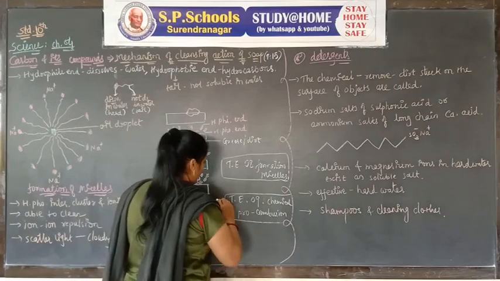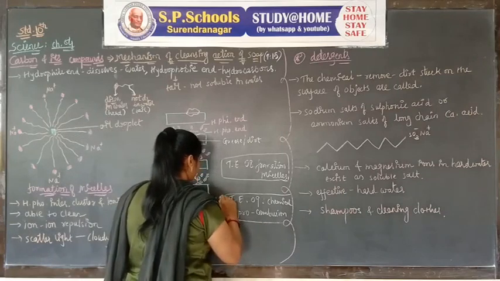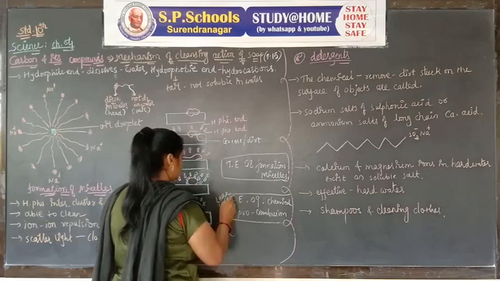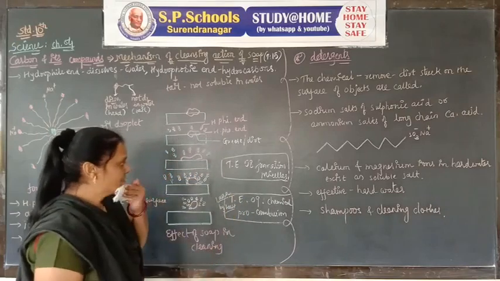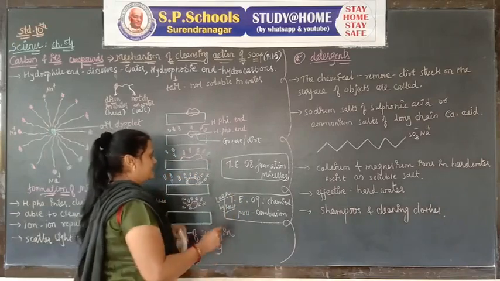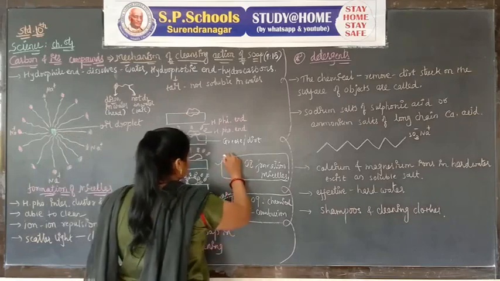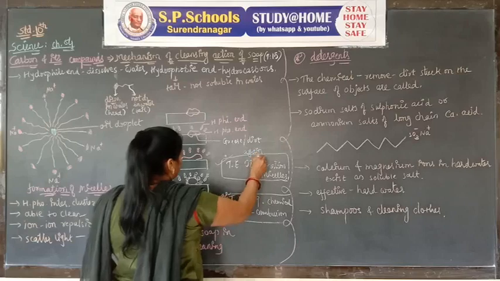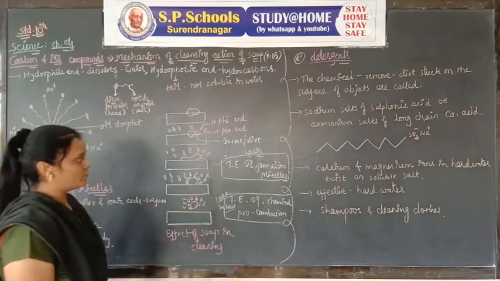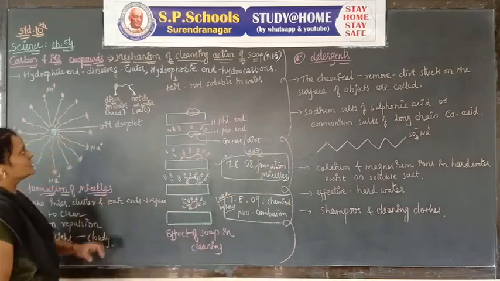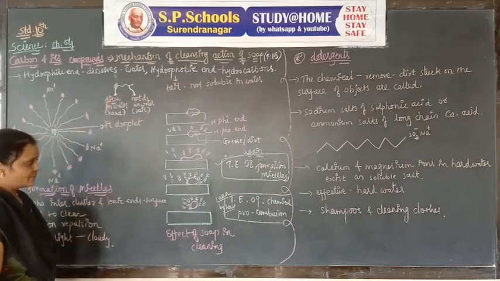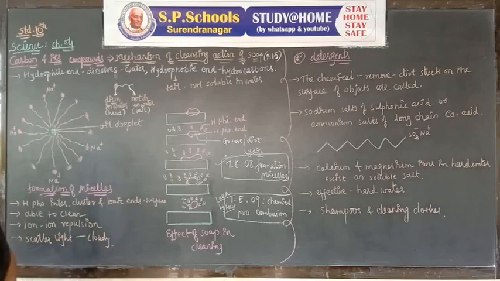You have to learn it by heart. But you have to write textual exercise question number 8 again with only the micelle. So you should be able to tell the difference between the mechanism and the formation of micelle. Let's go to the next point.